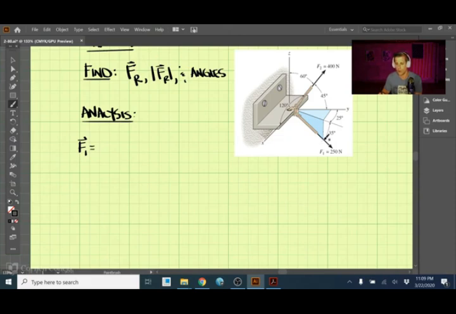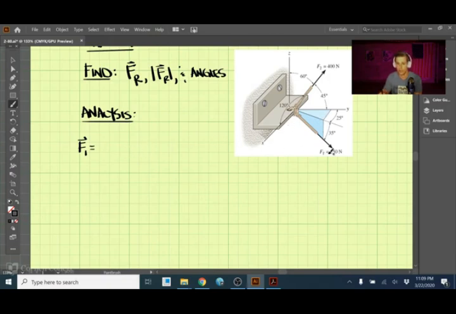All right. Well, if we take the cosine of 35 degrees here, that's going to be the projection on this line here of F1. And then we want to project that all the way onto x here. And we know that this angle's 25. So what we could do is cosine of 35 and then sine of 25.